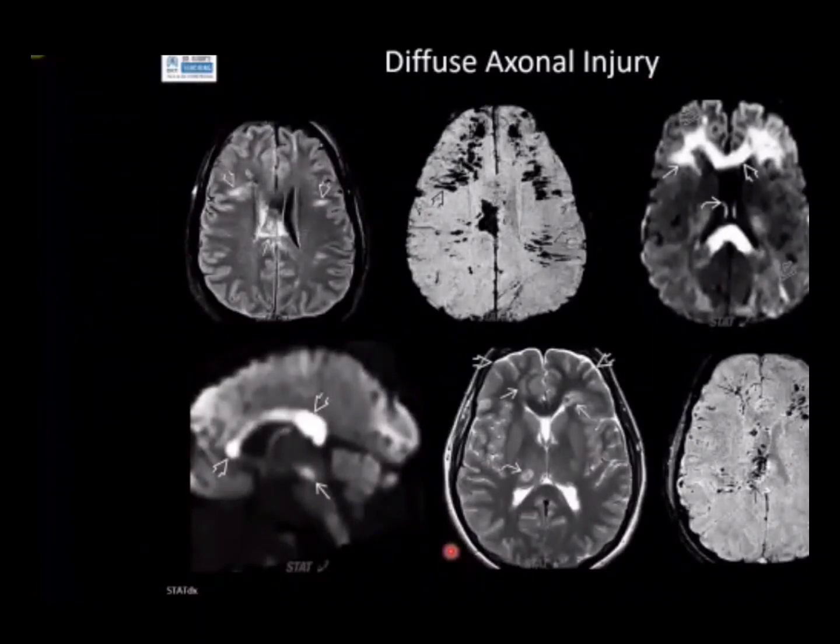I can see there are multiple areas of intra-axial. Okay, just one second, please. What is this sequence? This is FLAIR. This one? Susceptibility, SWI. Yeah, very good. And this is? This is diffusion, sagittal and axial. This is T2. Okay, very good.